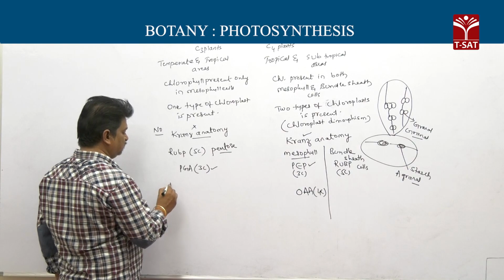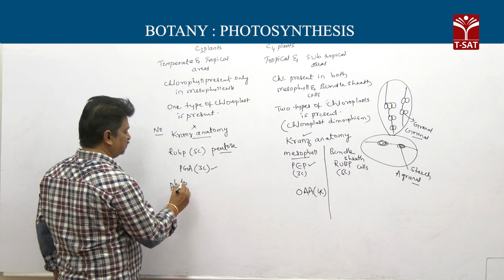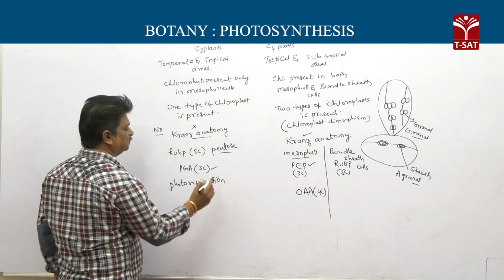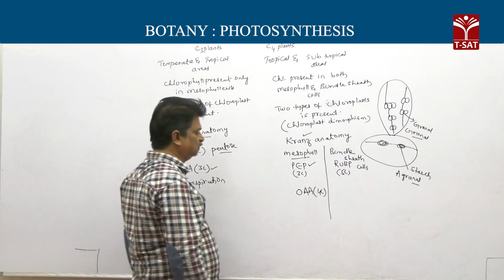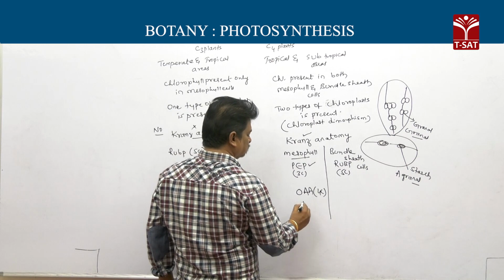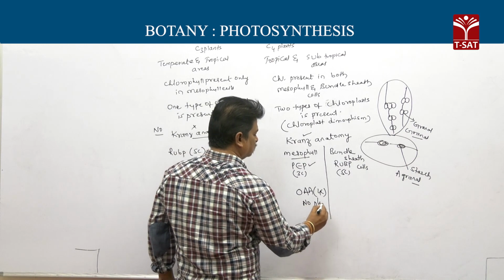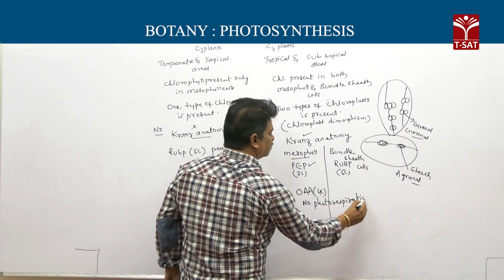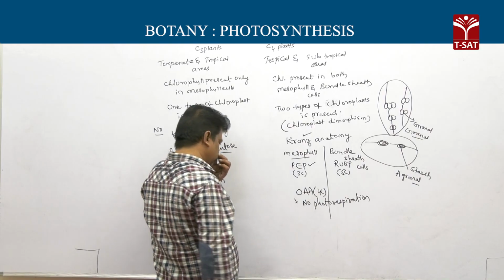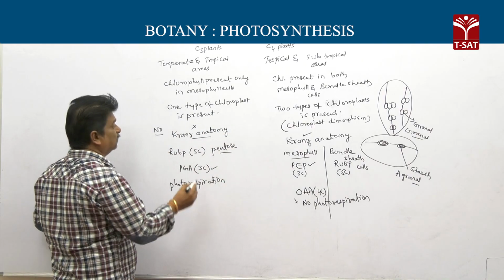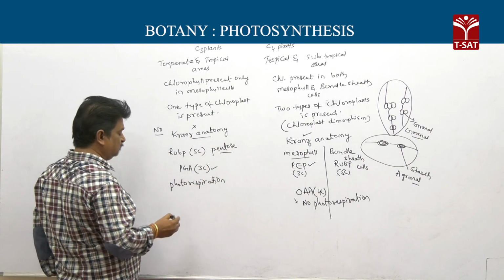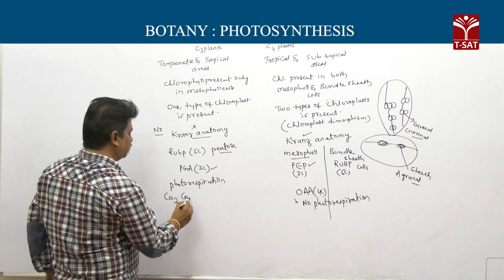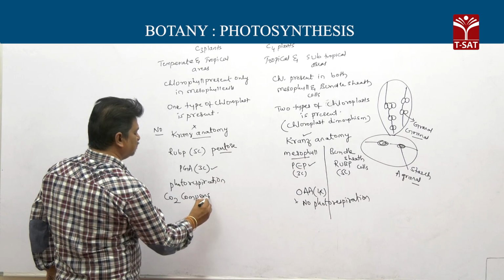Then these C3 plants exhibit photorespiration. There is photorespiration in C3 plants. Almost absent or no photorespiration in C4 plants. Then C3 plants, they show carbon dioxide compensation point.